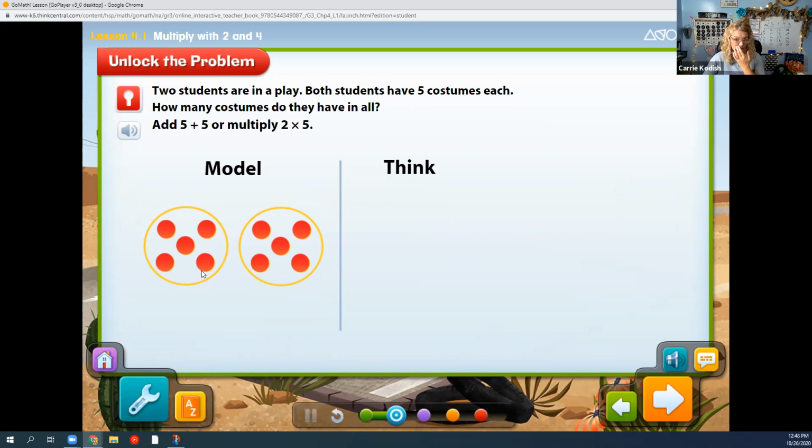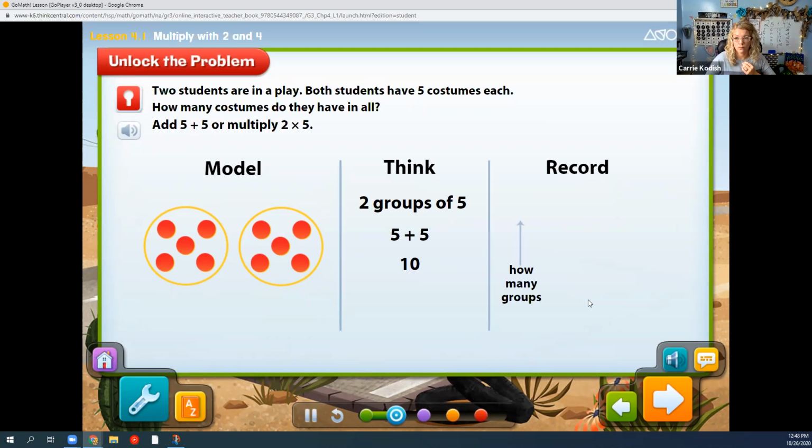Now think. 2 groups of 5, or the sum of 5 plus 5, is 10. Here's how you can record this as a multiplication sentence. Let's check it out. There are 2 students or 2 groups.